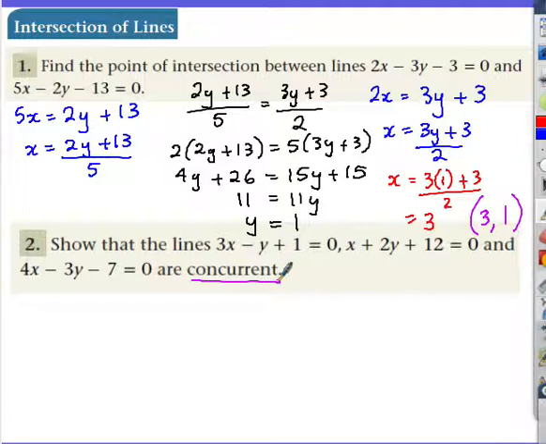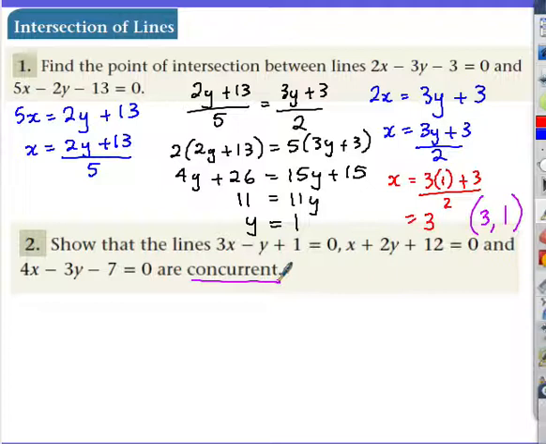And then we're going to substitute that point of intersection into the equation of the third line. If it makes sense, that means it lies on that third line, which means that third line also goes through the point of intersection. So therefore, all those three lines are concurrent.